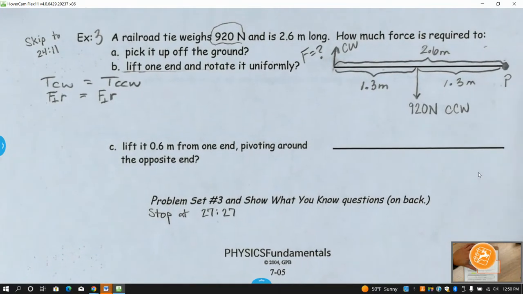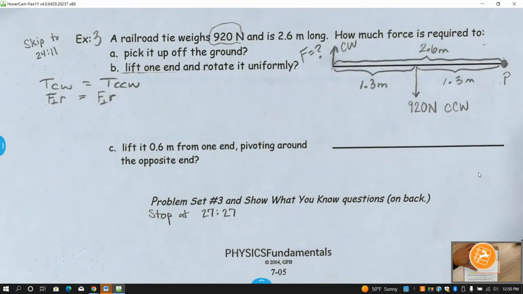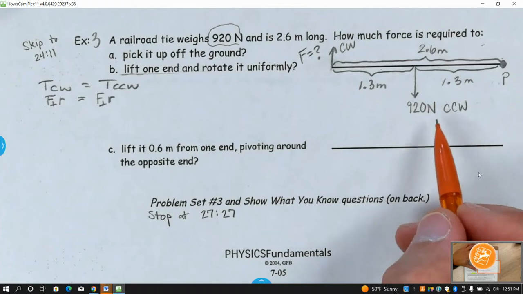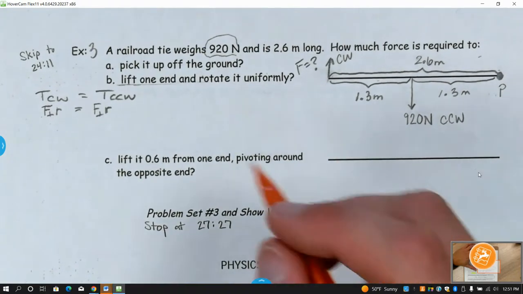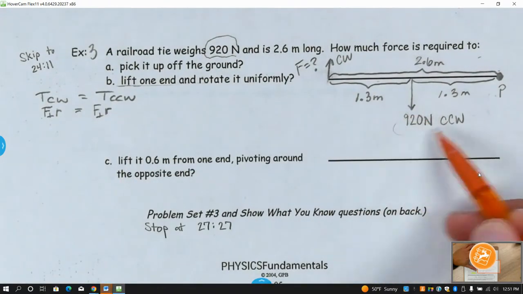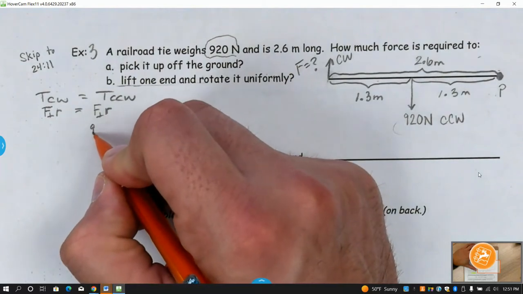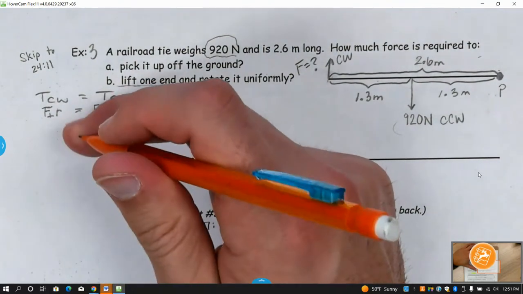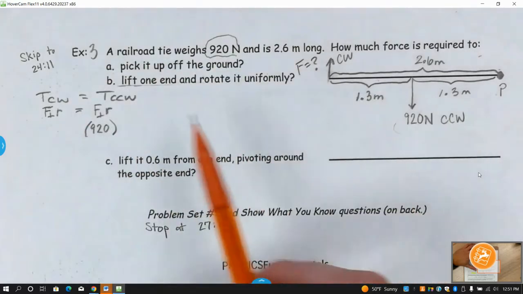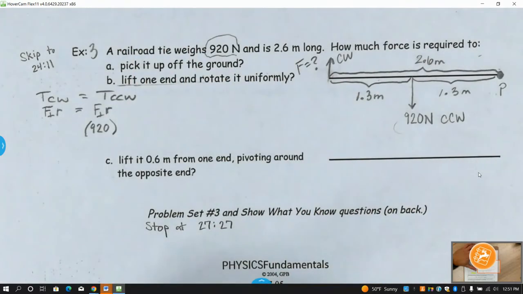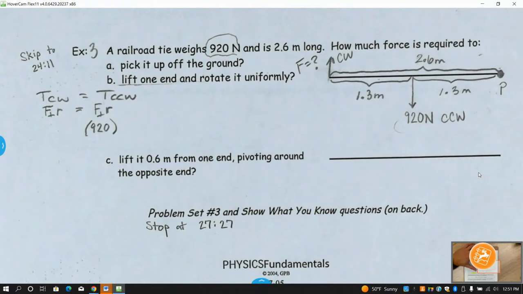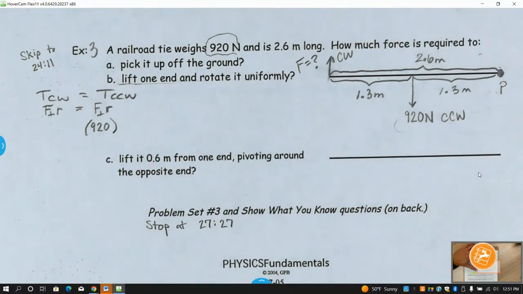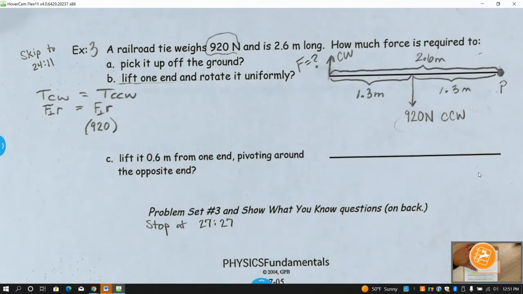Okay, so let's see. Do we know what the CCW force is? F1R. 920. Okay, do we know how far this 920 Newton force is from the pivot point? 1.3 meters.